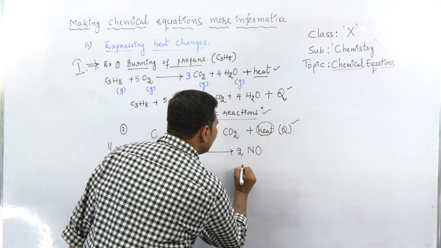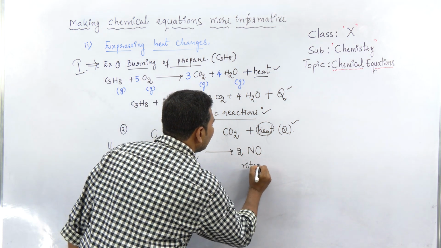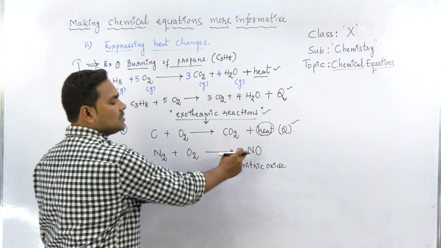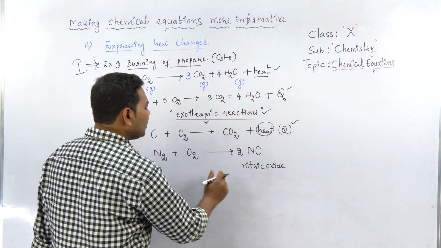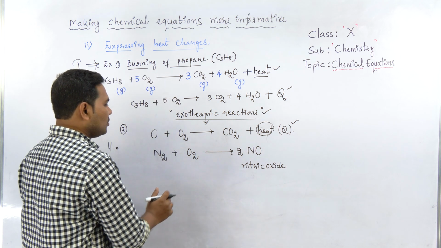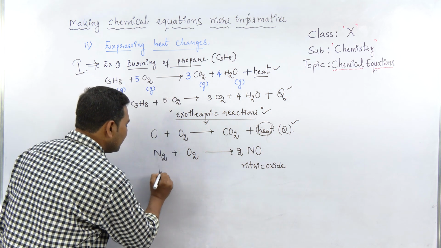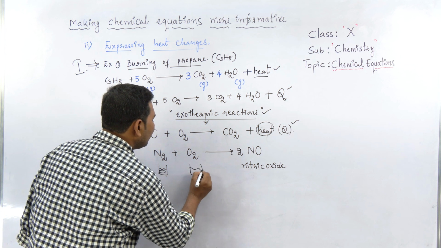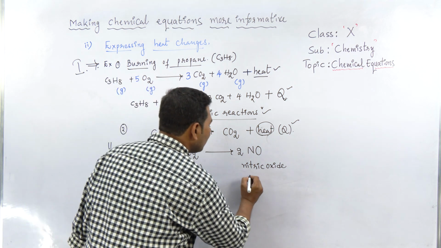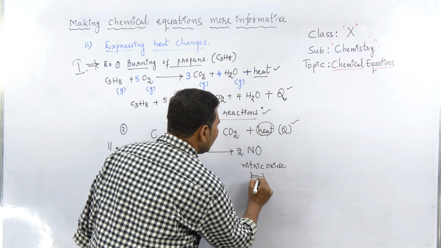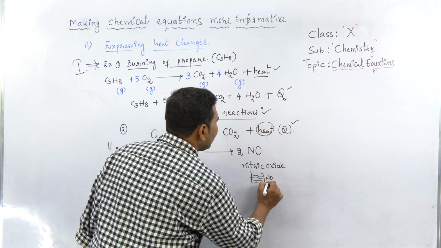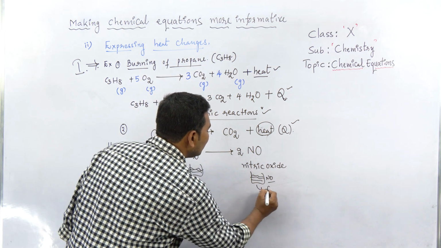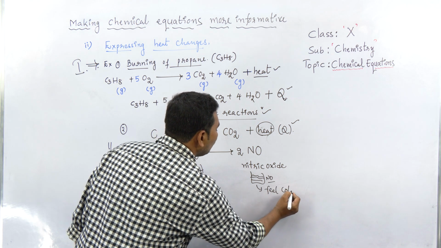When nitrogen combines with oxygen, it produces nitric oxide. If you take liquid nitrogen in one beaker and liquid oxygen in another beaker and mix both of them, we get nitric oxide, and if you touch this, generally we feel cool.